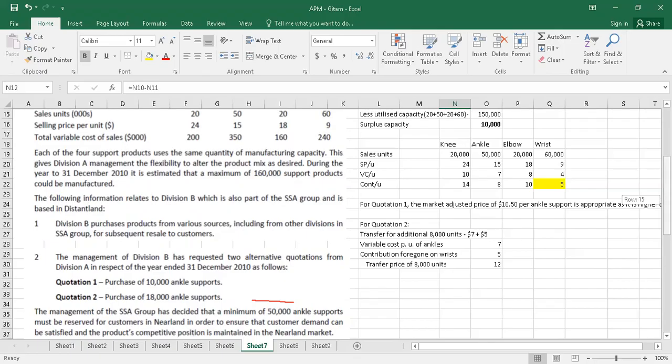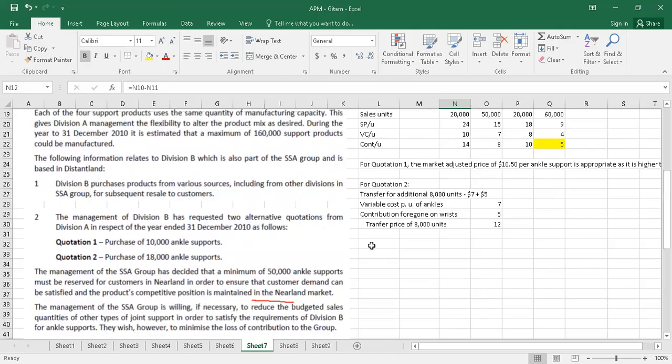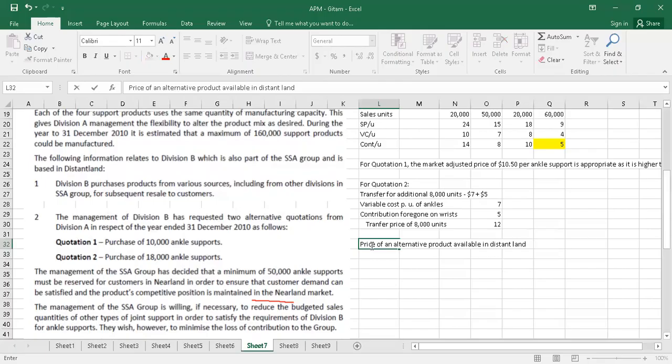So when division B has the alternative price, what will division B do?